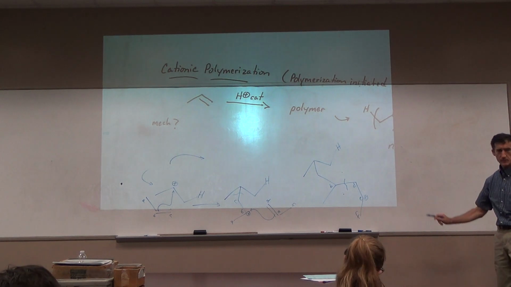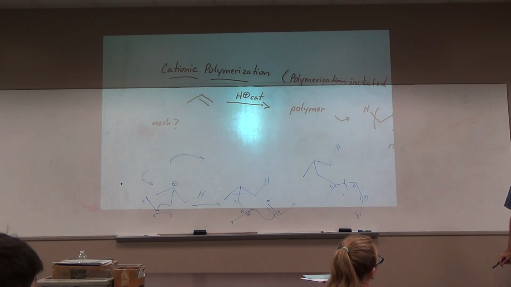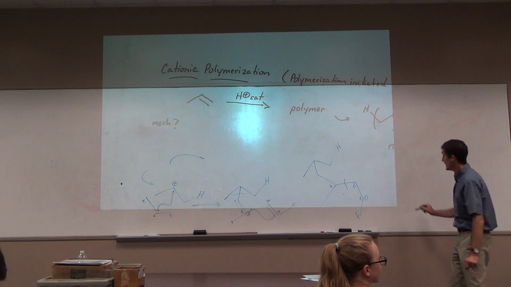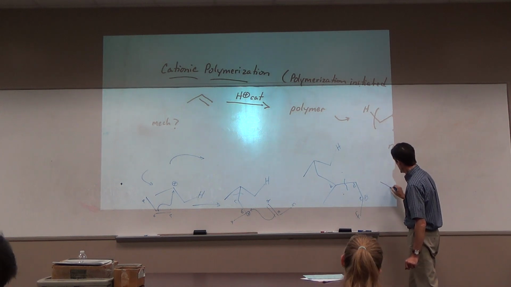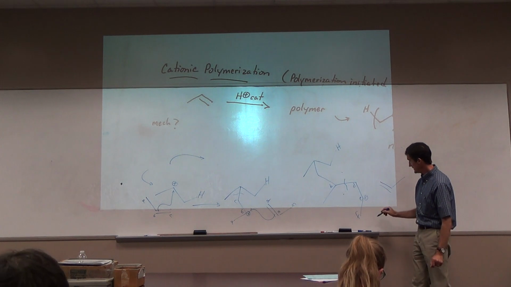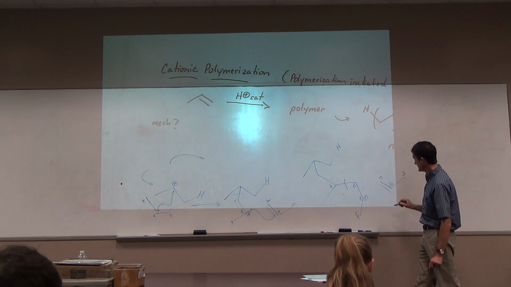Okay, what can attack this carbocation? Do we need to keep going? We'll do it one more time. A, B, C, D, E, F, G, H, I, is that right?